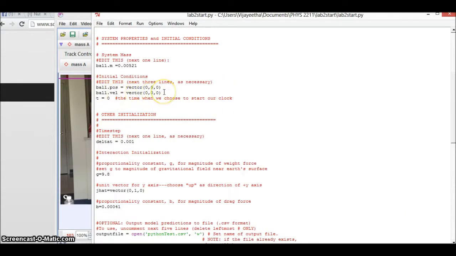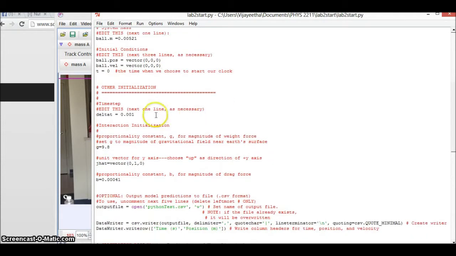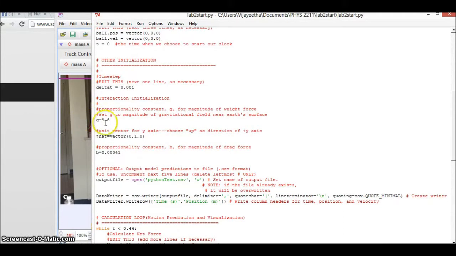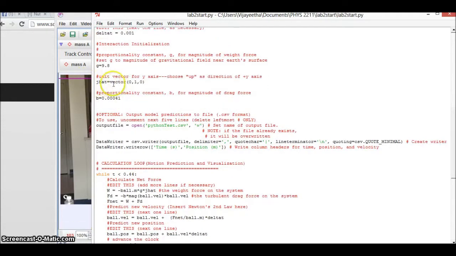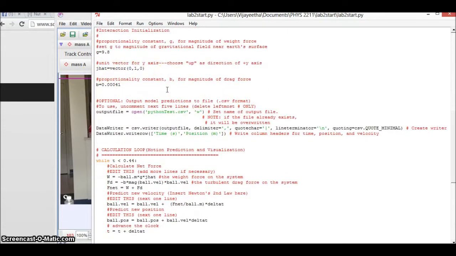The initial velocity of the ball is 0 because it is starting off being held. And my delta t is a small time step in order to be as small as possible. Here's the gravitational force constant, weight force constant, and here's the j hat vector to show the direction of the positive axis.